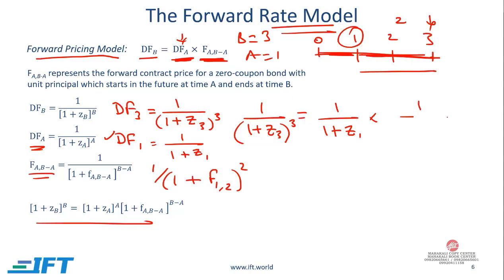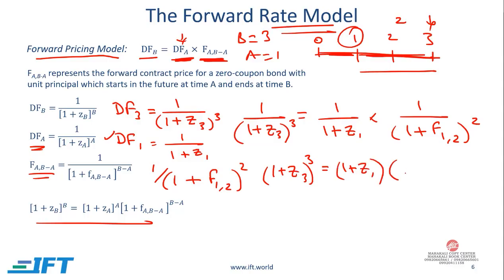The forward price is 1 divided by (1 plus F(1,2)) squared. And then we can simplify this. Since we have 1 over something, 1 over something, 1 over something, we can just move everything to the numerator. That's basic maths. So (1 plus Z3) cubed is equal to (1 plus Z1) multiplied by (1 plus F(1,2)) squared. And that is our forward rate model. So for this situation, this is the forward rate model. To generalize, we express in terms of A and B.